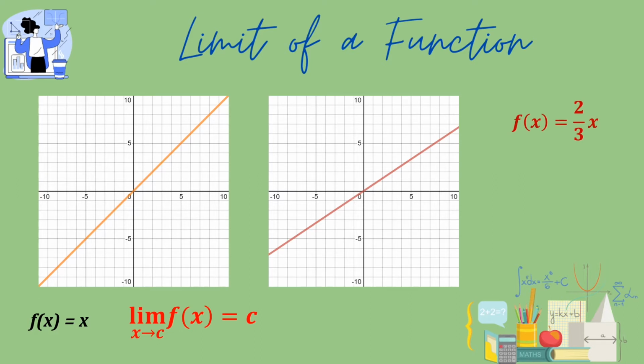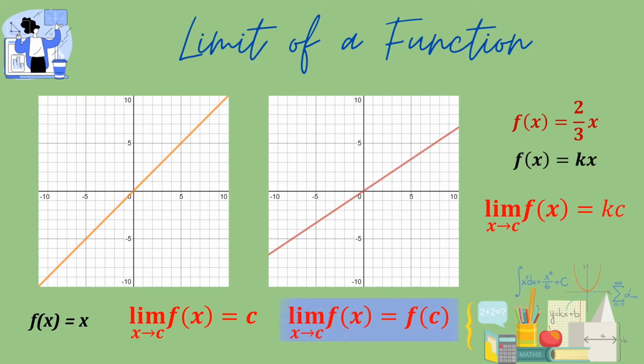So, the limit as x approaches c is 2/3 times c. And for any function f of x equals a constant k times x, then its limit as x approaches c is equal to k times c, which is again the function value f of c.